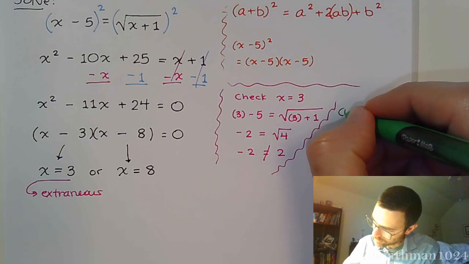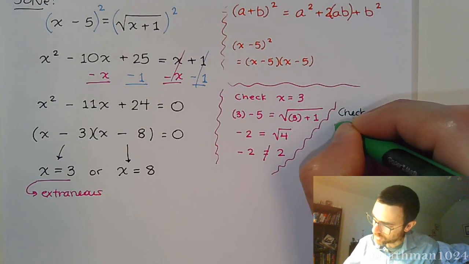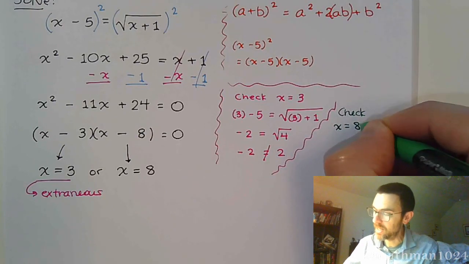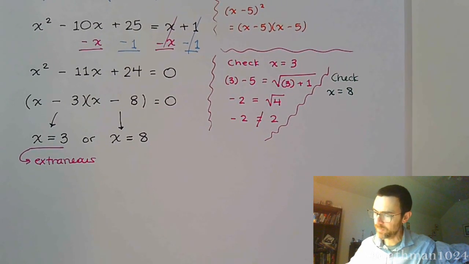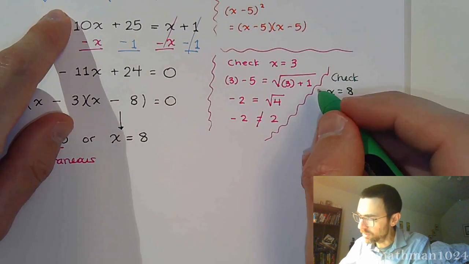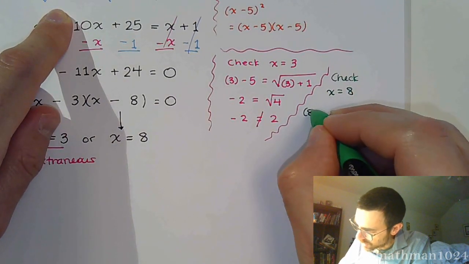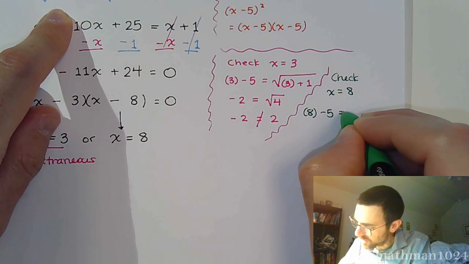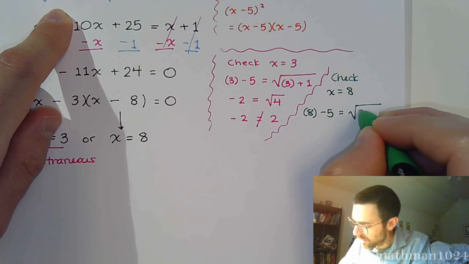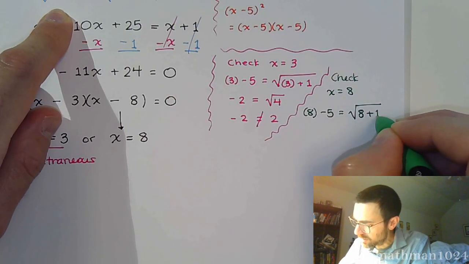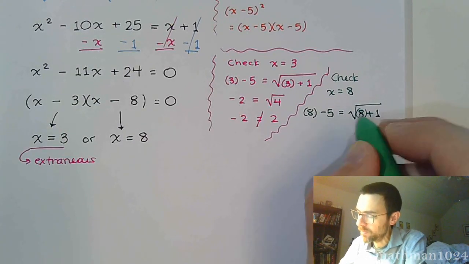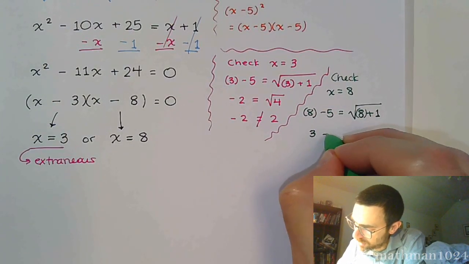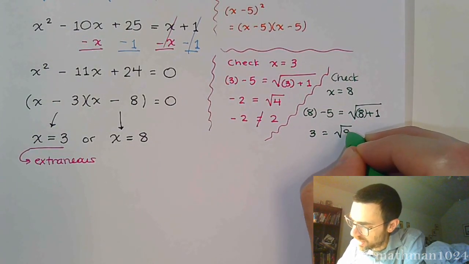Alright. So let's check x is equal to 8. Plug in 8 into my original equation. So 8 minus 5, I want to see, does that equal the square root of 8 plus 1? 8 minus 5 is 3. Inside the square root we get 9.